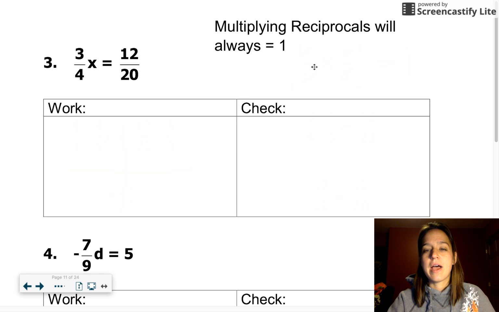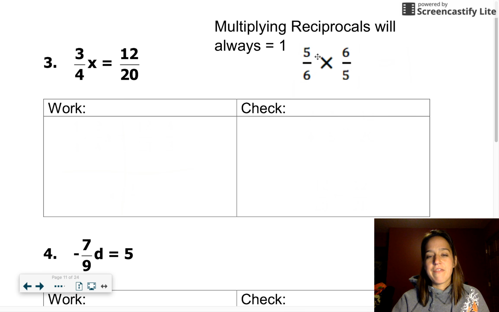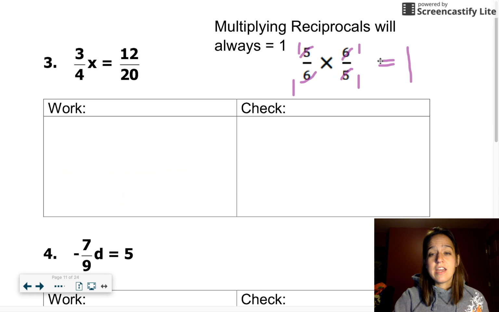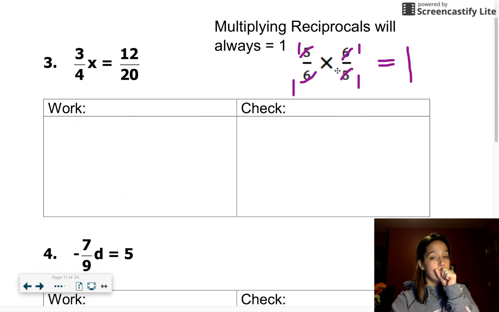And here's how I will show you. If I have 5/6 times 6/5, those are reciprocals because one's this way and the other one's flipped. And so if you think about it, they all kind of cross cancel. My 6's cross cancel, my 5's cross cancel, and therefore those all equal 1. And so I end up getting 1.